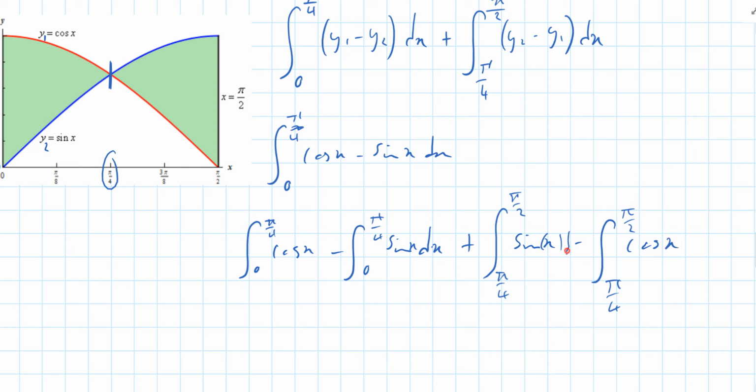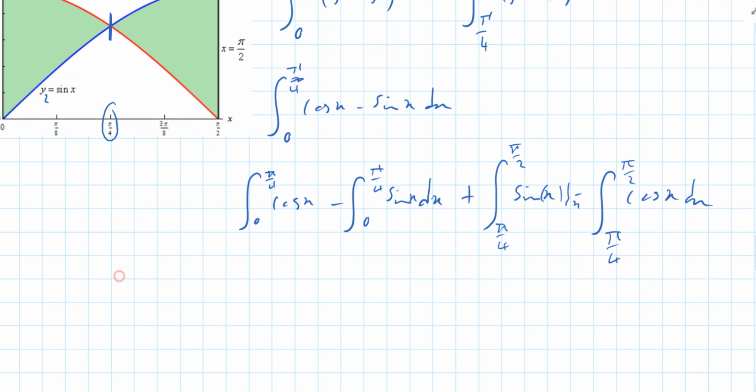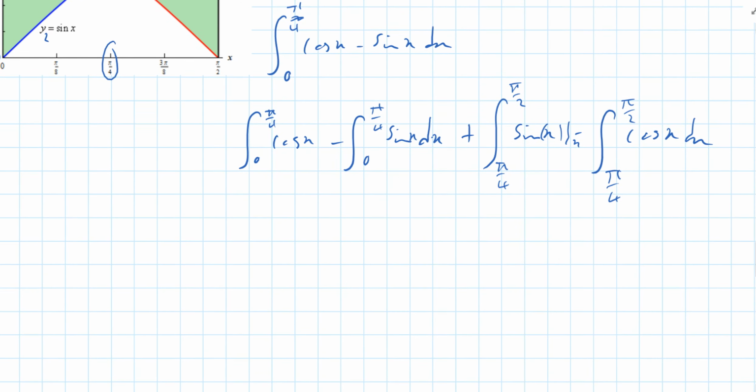And all of that is dx. And if you follow it through, it should come out with quite a neat result.